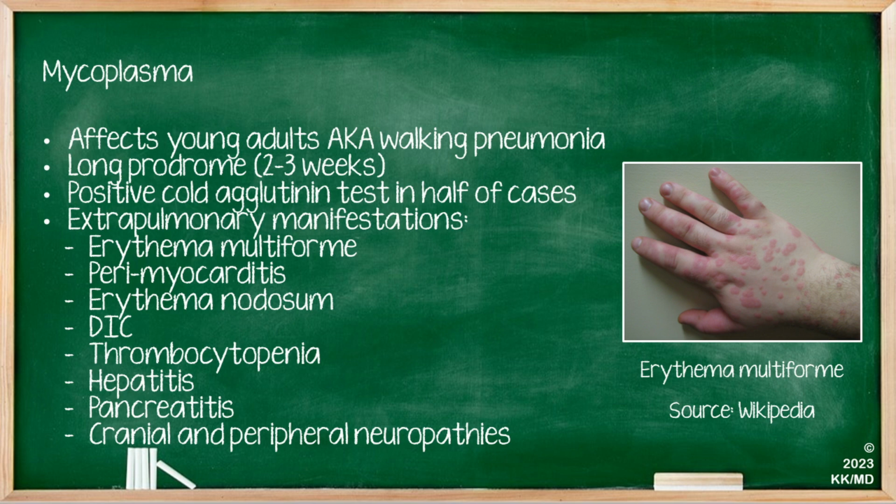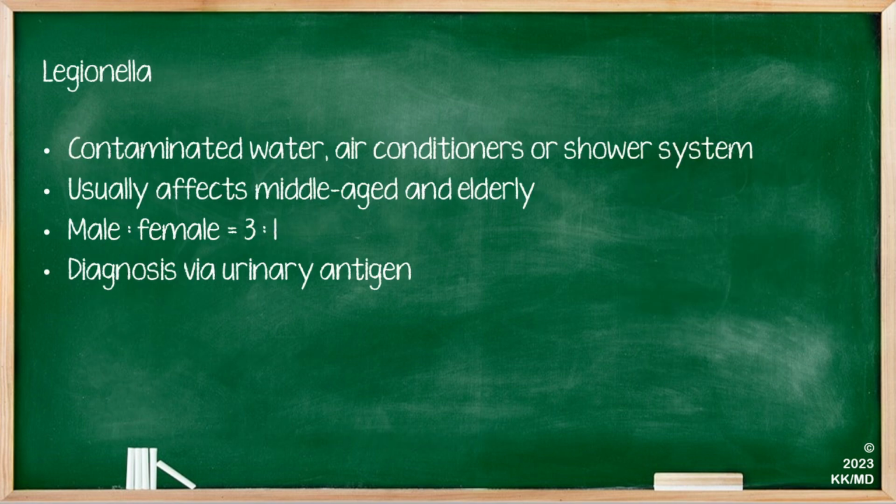The picture on the right side of the screen is supposed to show erythema multiforme, which are these dotted red lesions across the skin. The next type of pneumonia that we will be talking about is Legionella.